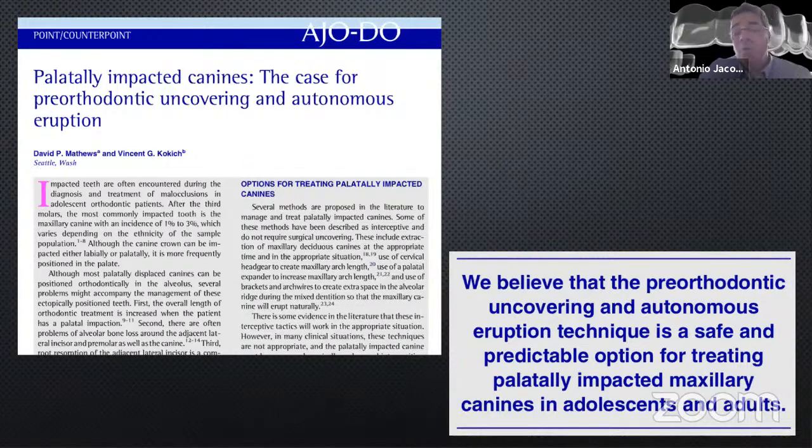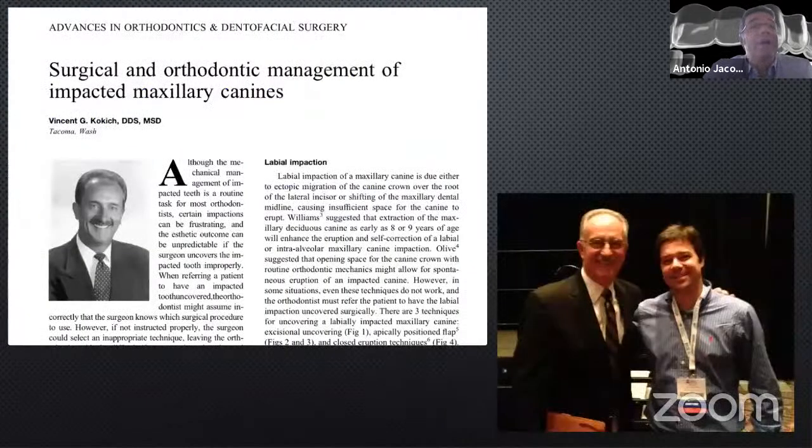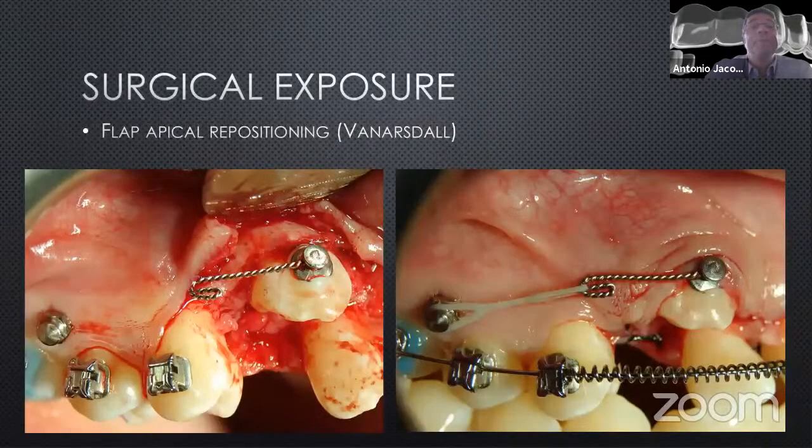Whenever it's possible, I try to use the closed technique that is advocated by the group of Professor Becker back in Israel. And this is an article of Vincent Kokich, Surgical Orthodontic Management of Maxillary Impacted Canines. I had the chance to have a photo with him at one of the AAO meetings. We are sorry that we lost him very, very soon. He was a very brave orthodontist.